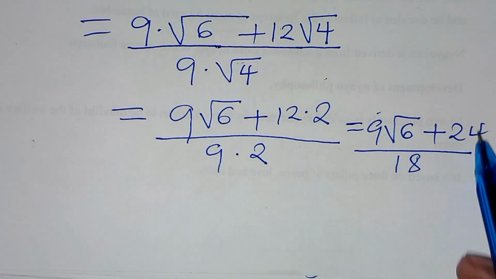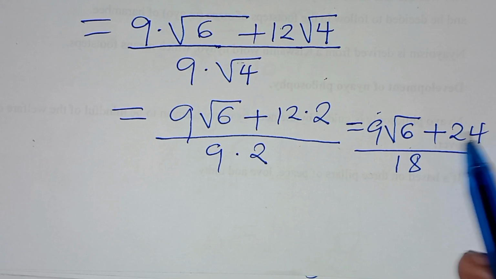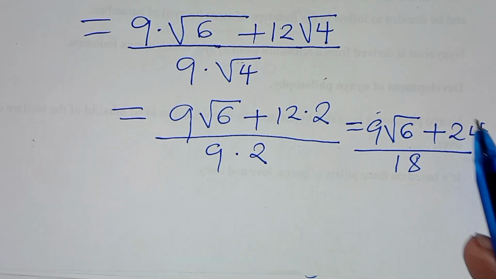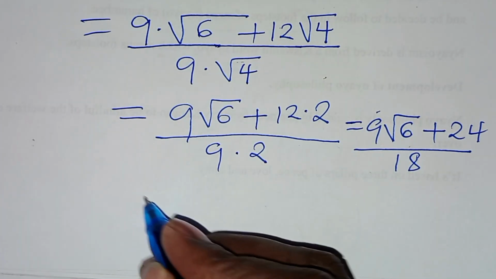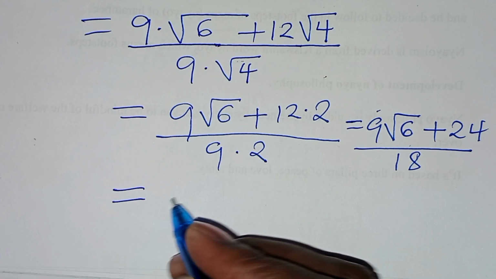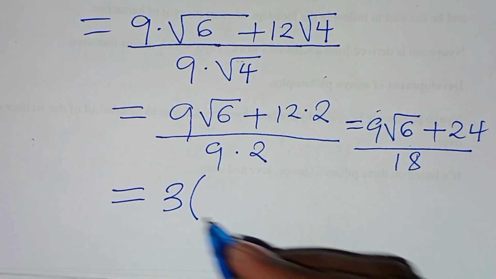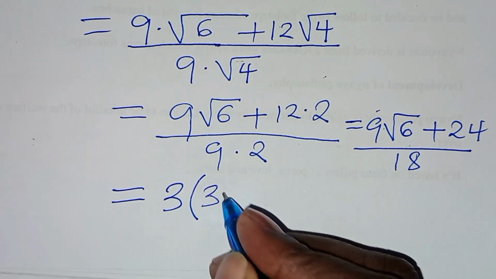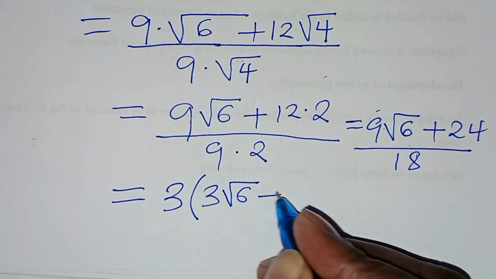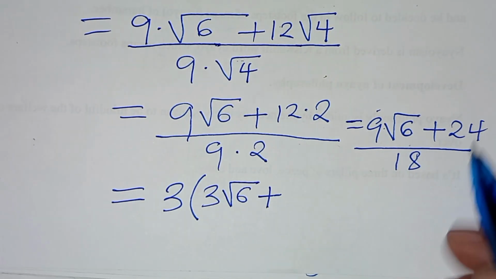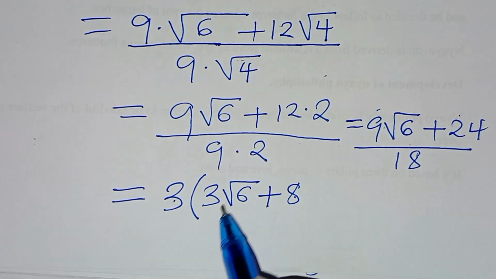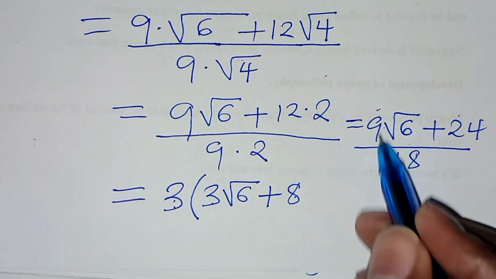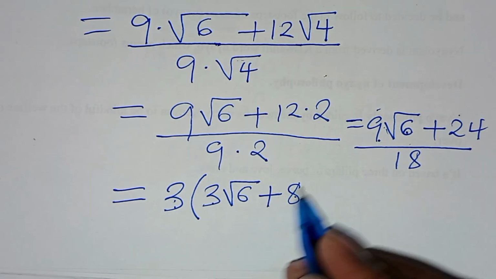So now the next step here, we can factor out. We have 9 here and 24 here, so we can factor out 3. So we'll have 3 into the bracket here. We'll have 3 square root of 6 plus, now 24 can be expressed as 8 times 3, which is the same thing as 24. And 3 times 3 is the same thing as 9, square root of 6.